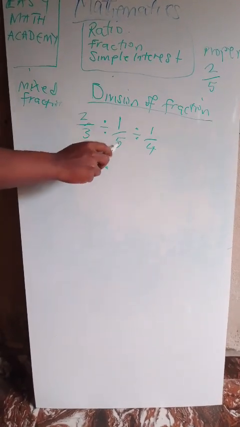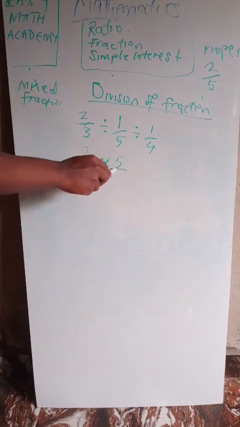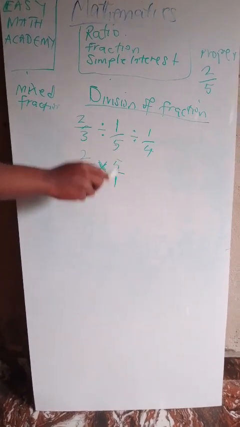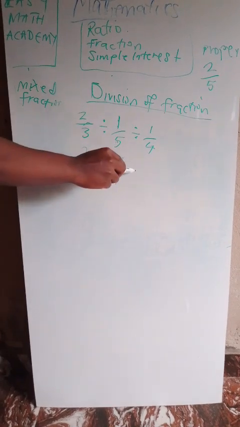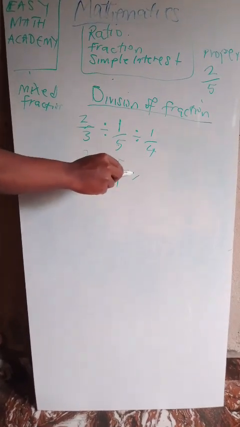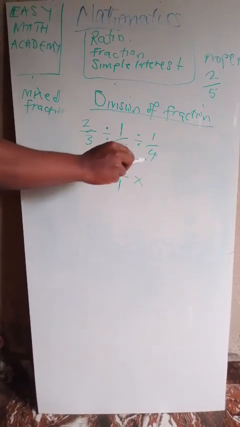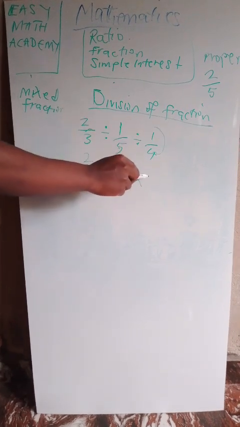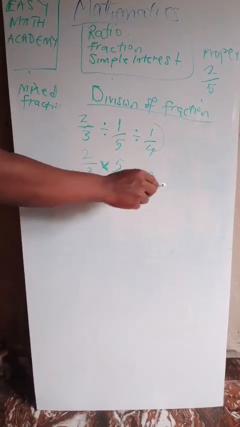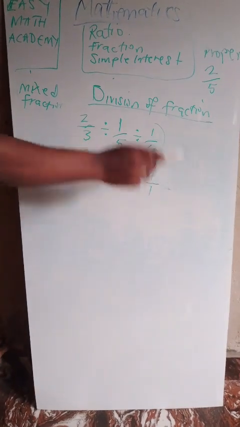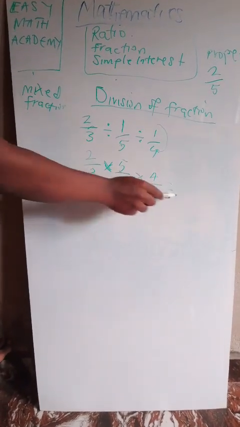So we write 5, this 5 now, write it here over 1. As you can see, they are no longer the same, 5 over 1 instead of 1 over 5. We change this one to times, and then we turn it upside down, 4 over 1, so equals to, next thing is to join the lines together.